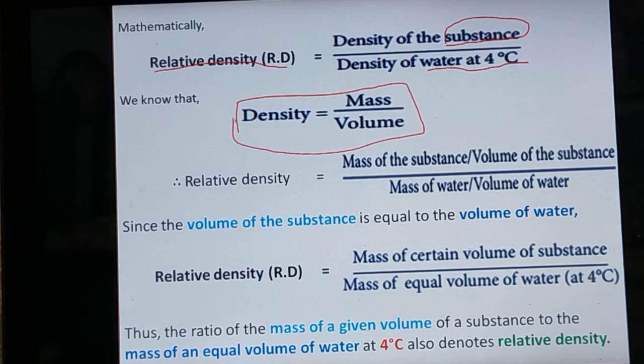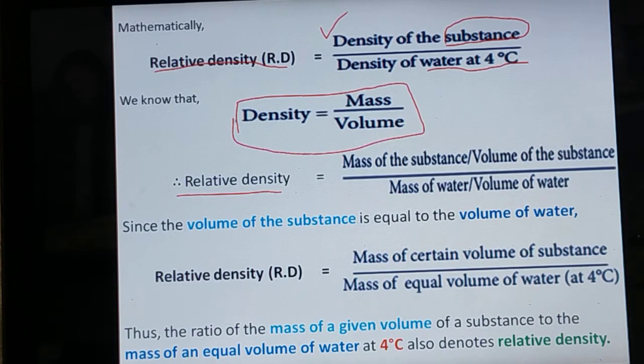So the relative density formula we can finally write as mass of the substance divided by volume of the substance. Since relative density is equal to what? The first formula given: density of the substance divided by density of water at 4 degrees Celsius.